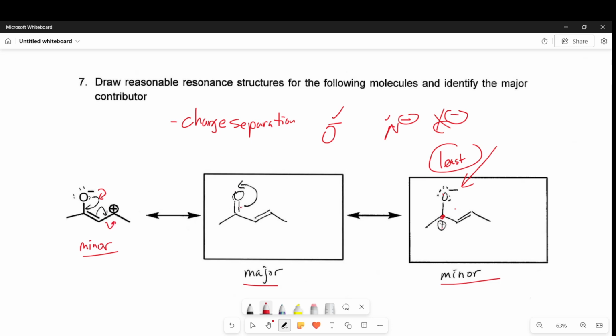And this, you are taking out electrons like that, with negative charge on oxygen, positive charge on carbon. Even then, whenever there is charge separation, the resonance structure would be a minor contributor, not a major contributor. More bonds are better than charge separated species. Okay, we'll continue now to the next.